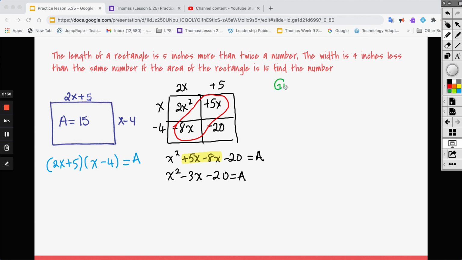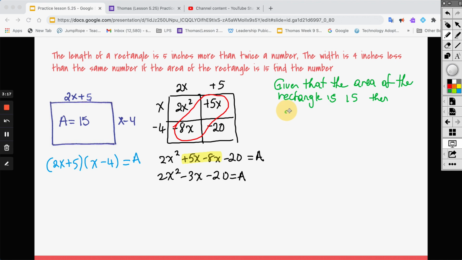So given that the area of the rectangle is 15, we're going to set our equation in standard form equal to 15.